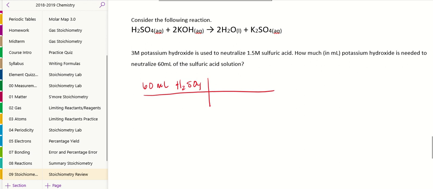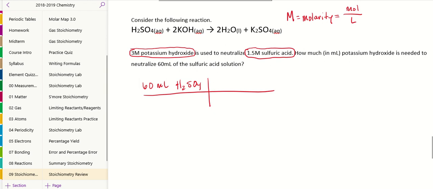Remember, your concentration units are how we convert from volume to moles with a solution. So that big M stands for what? Molarity, and molarity is equal to moles over liters.